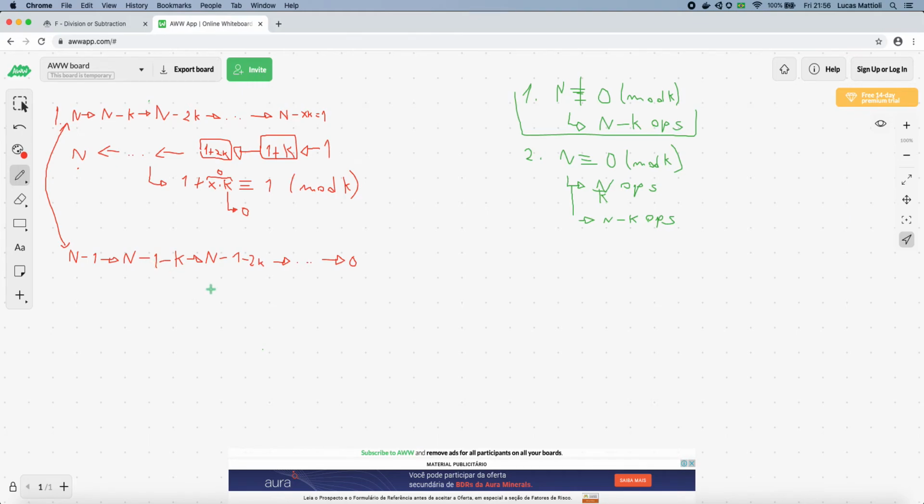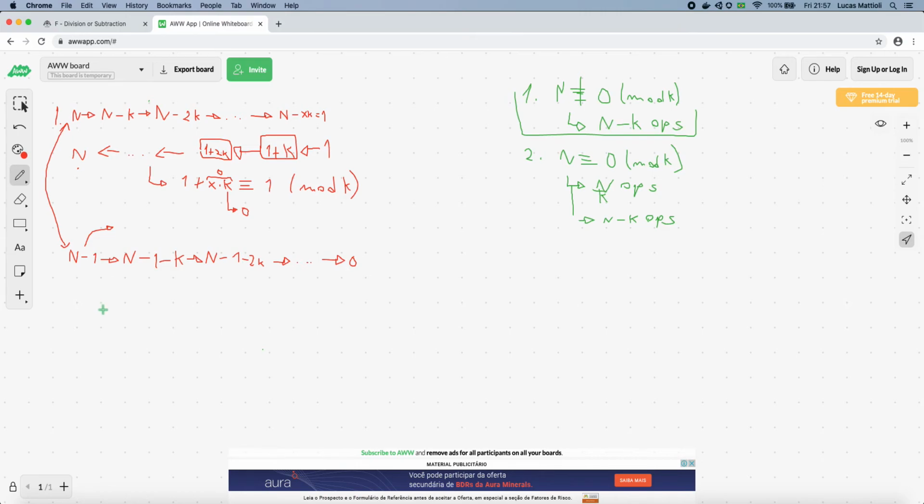So the values of k which will make us start from n minus 1 and arrive at 0 are the values of k which are divisors of n minus 1.